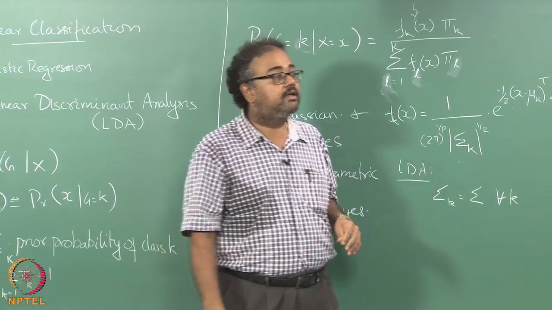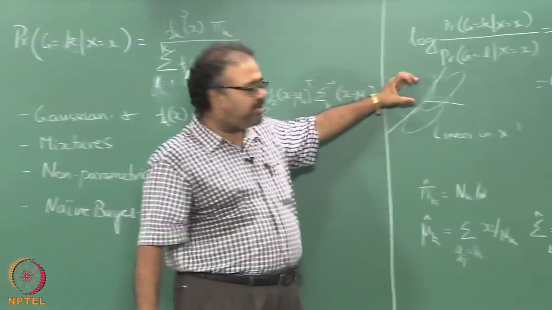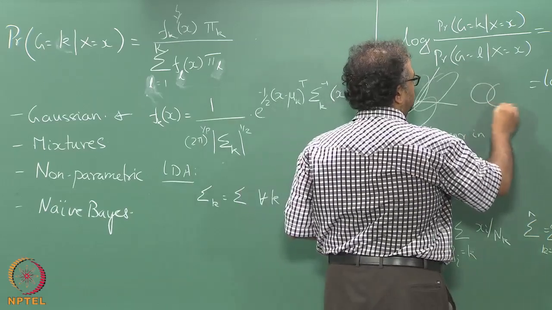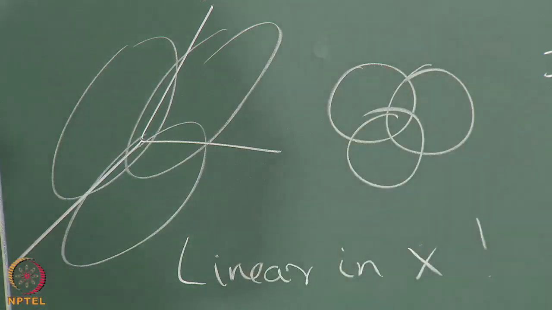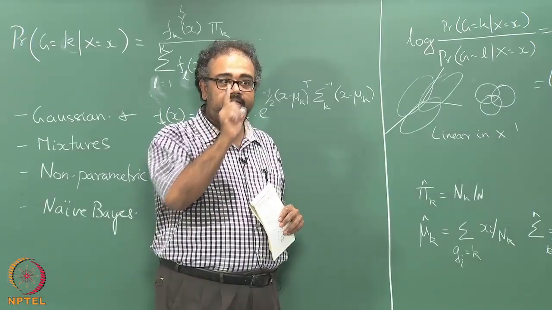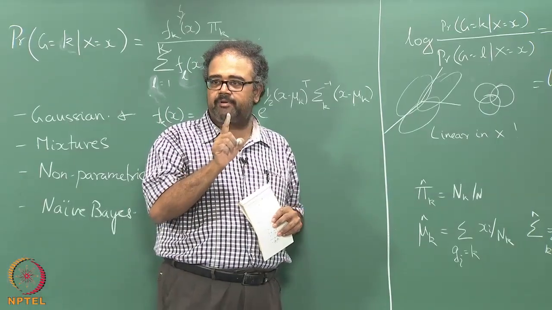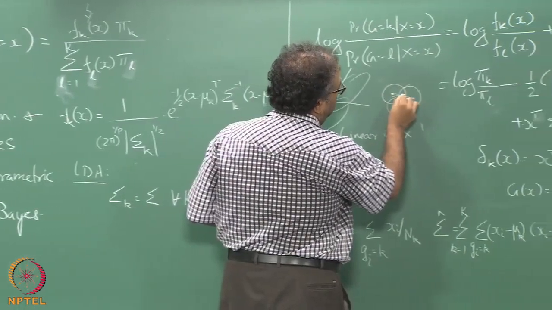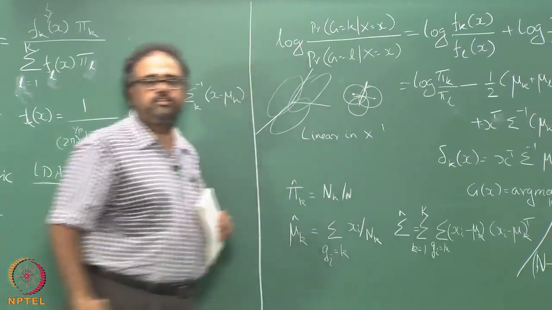If this had been completely spherical, then the separating hyperplane would have been perpendicular to the line joining the means.